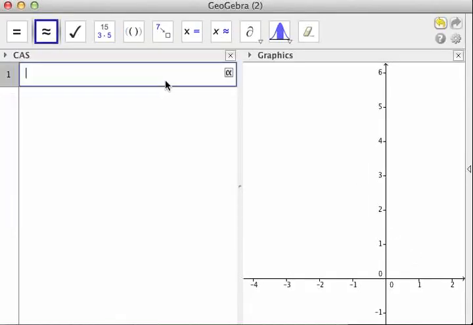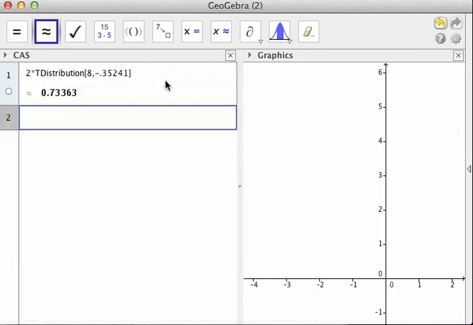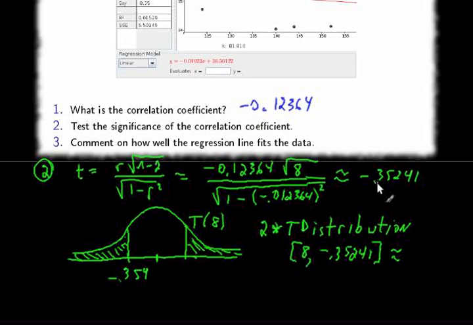So 2 times t-distribution, degrees of freedom 8, and variable value was negative 0.35241. We get 0.73363. Okay, so our p-value is 0.73363.